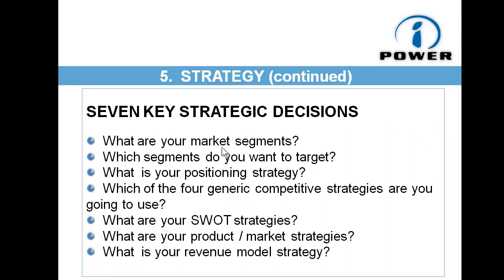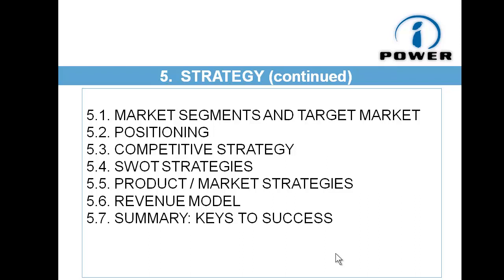They are: what are your market segments? Which segments do you want to target? What's your positioning strategy? Your competitive strategy? Your SWOT strategies based on the SWOT analysis done before? Your product market strategies? And finally, your revenue model strategy. So what I did, I basically mirrored those 7 questions.